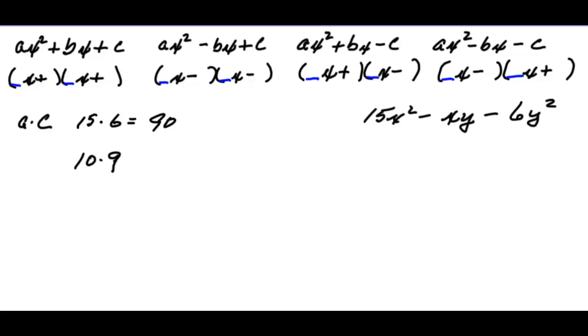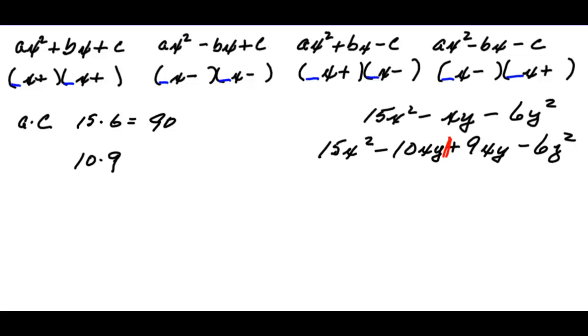So when I rewrite this, I'll rewrite it as 15x squared minus 10xy plus 9xy minus 6y squared.